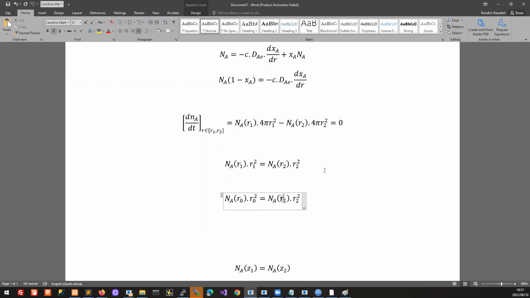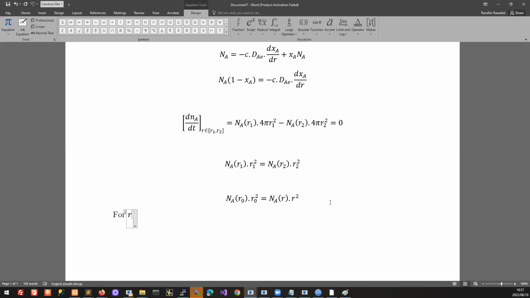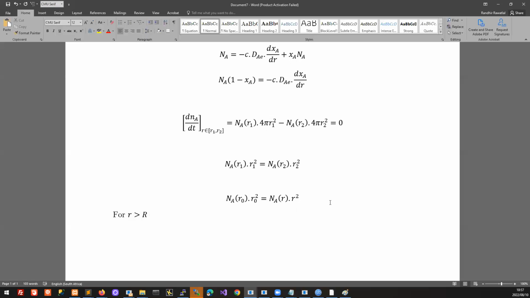And then that must equal the molar rate at all radial positions. So if we pick any R, where R is outside of the particle, so we should specify here R more than capital R, where capital R is the particle radius.